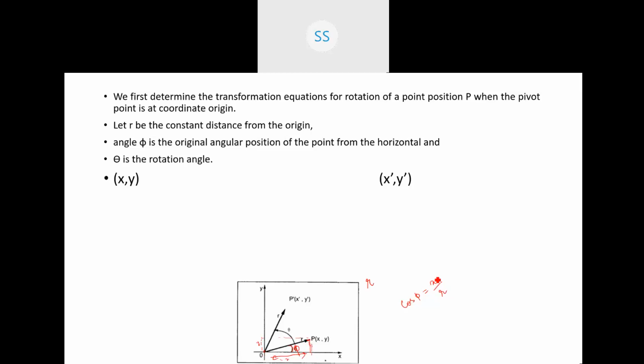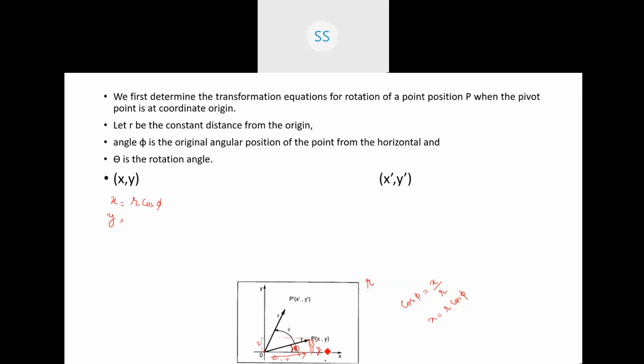So in short, I can say my x is equal to r cos phi. And what would be my y, children? Can you define my y? Y is this particular value.